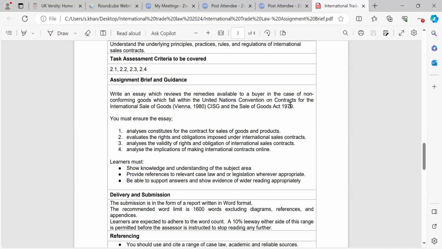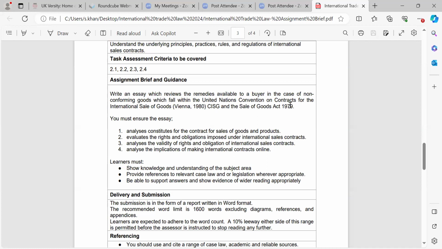Then number 3, so this is task 2. So number 3, you will analyze the validity of rights and obligations of international sales contracts. And again, that will be a heading, and you will write under that. Number 4, you analyze the implications of making international contracts online, and that will be a heading, and you will write under that.